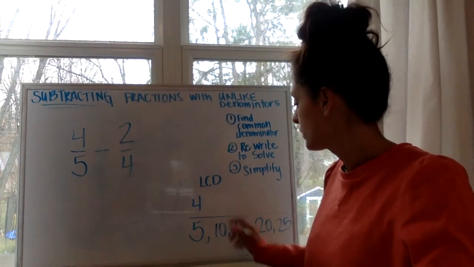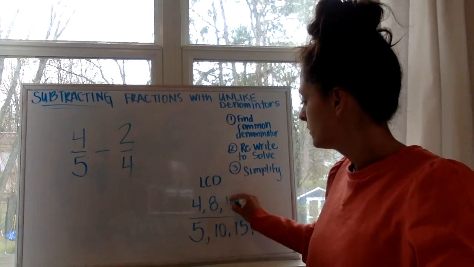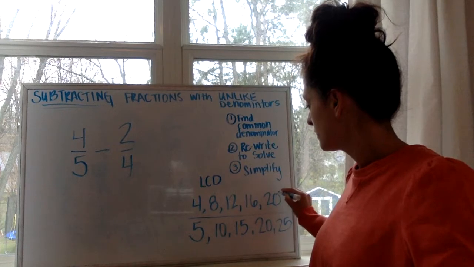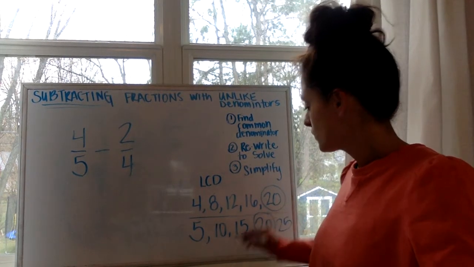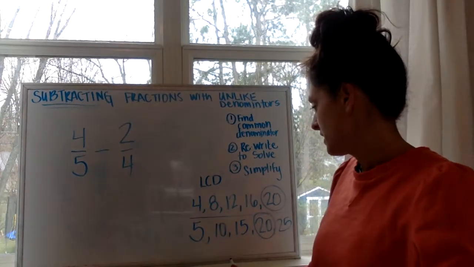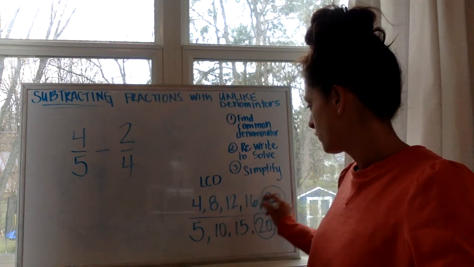And now I'm going to count by 4s. 4, 8, 12, 16, and 20. Okay? So here we have a match of 20s for our common denominator. So then when you think about how many groups of 4? 1, 2, 3, 4, 5.